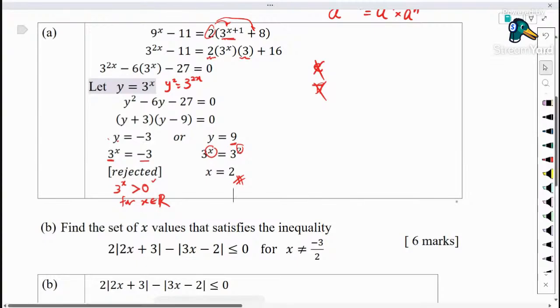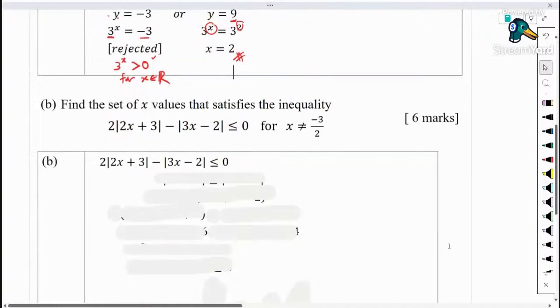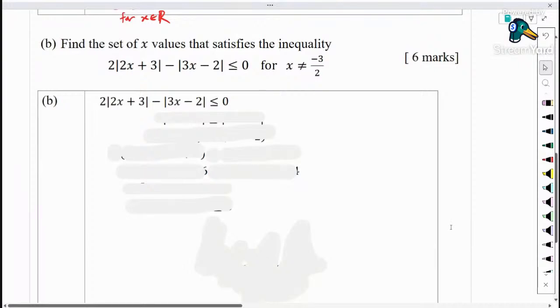Go on to B. Let us try to solve these inequalities. In the case of absolute inequalities, we have two different modulus terms. So the strategy to solve is to square both sides, but please make sure you square with a proper concept. Some of you may square with a wrong concept, but yet get the correct answer.